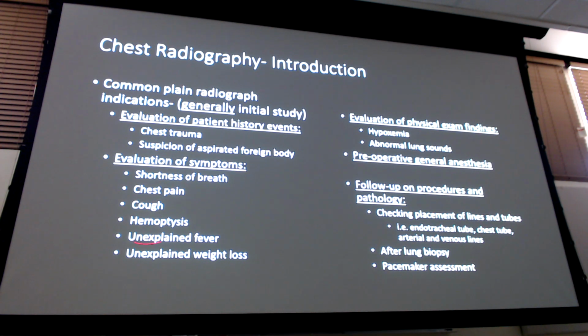Cough, chest pain, shortness of breath, hemoptysis. Well, again, I don't know. Is there something in the lungs that's not supposed to be in the lungs? Or is there actually something wrong with the heart? So we're going to get a chest x-ray, and we're going to see that, and you're going to learn kind of what normal looks like. Hypoxemia, abnormal lung sounds, x-ray, right? Pre-op general anesthesia. Why do you think we do a chest x-ray for pre-op?